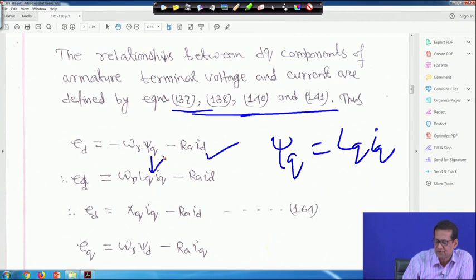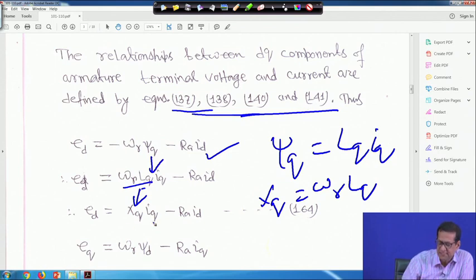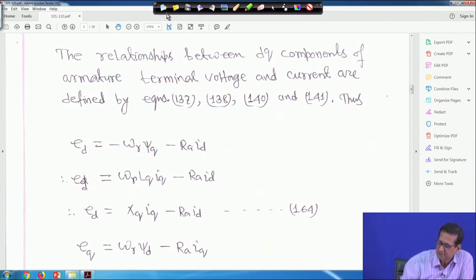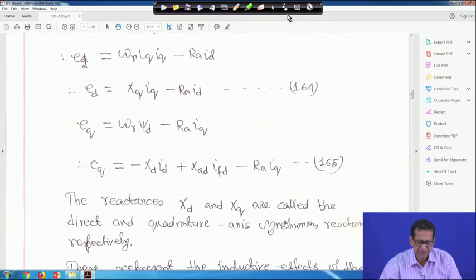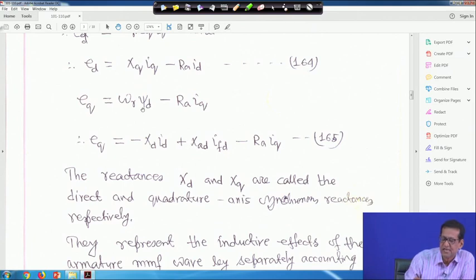So, omega r LQ IQ minus RA ID, and omega r LQ is nothing but XQ. So, XQ is equal to omega r LQ. So basically ED is XQ IQ minus RA ID. This is equation 164. Similarly, EQ is equal to omega r psi d.